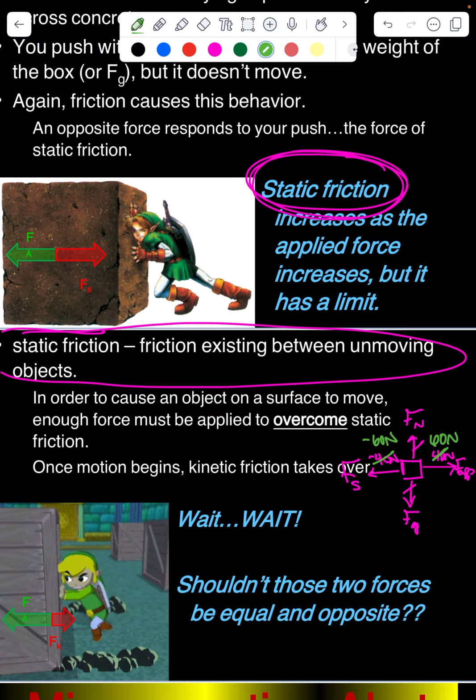But what if I increase my applied force to 65 newtons, and that is the exact amount of force that causes the refrigerator to start moving? That means my maximum static frictional force is negative 65 newtons.